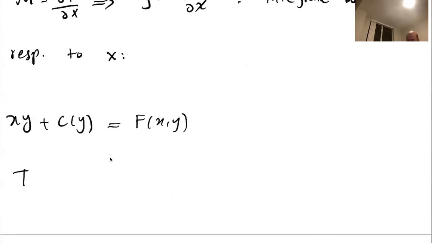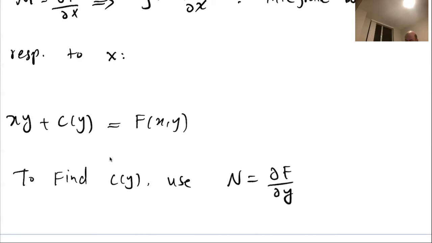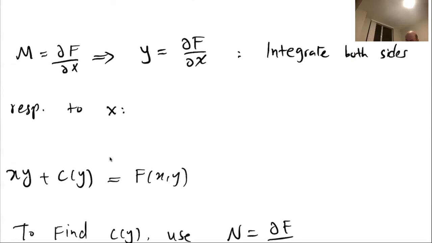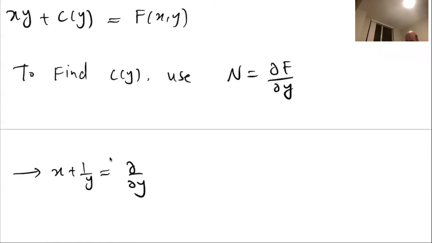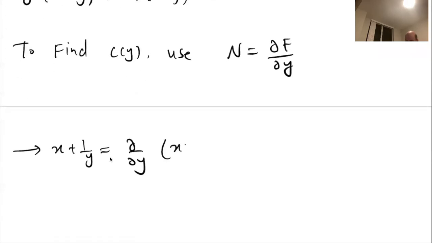And to find c of y, use the other condition, which was N equals df to dy. Now N, what was N here? x plus 1 over y equals d to dy of f. What is f? xy plus c of y.